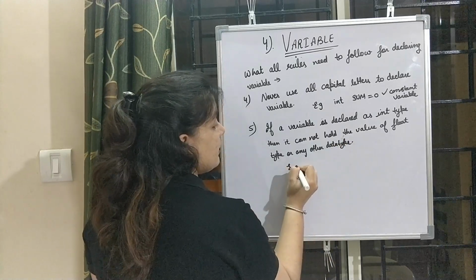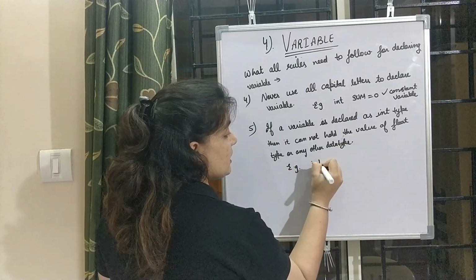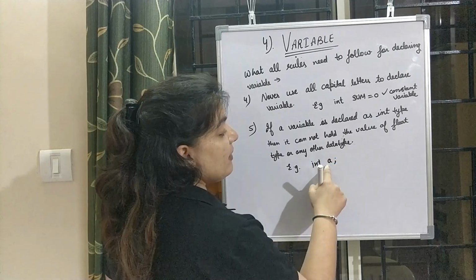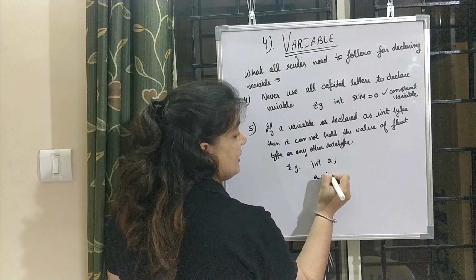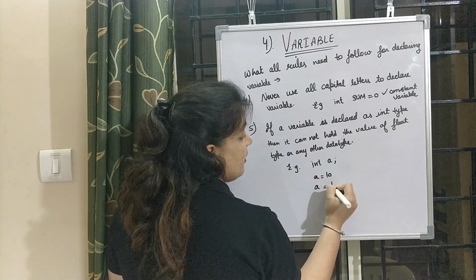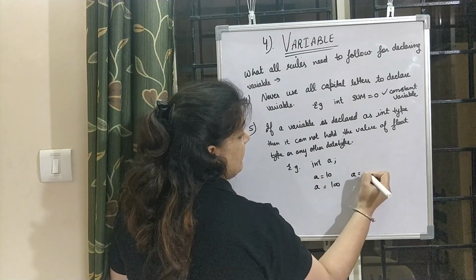For example, if I have declared int a, so a will contain only an integer value, like a value may be 10, a value may be 100, a value may be 5.